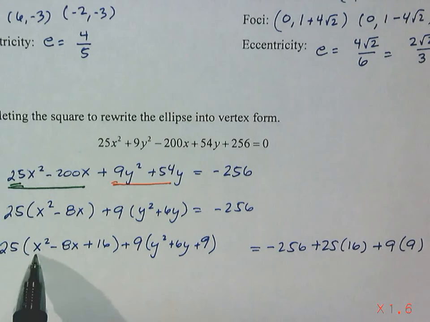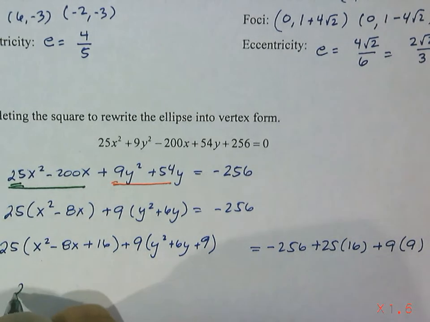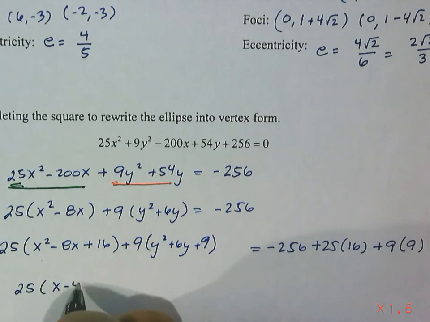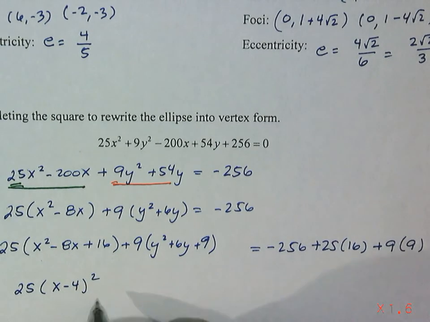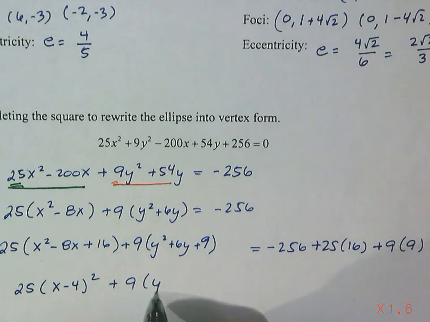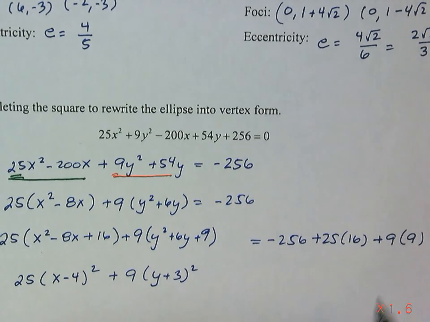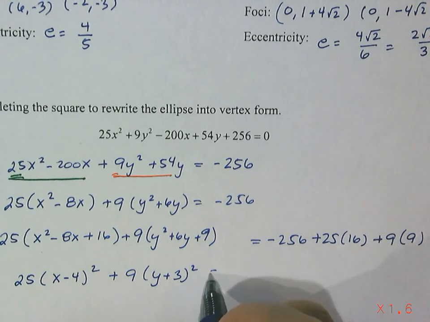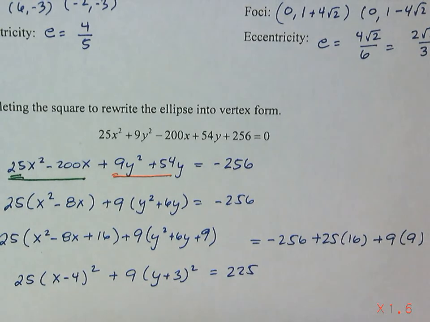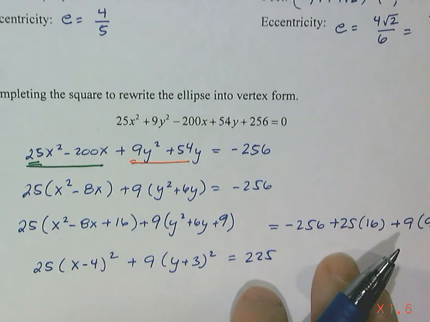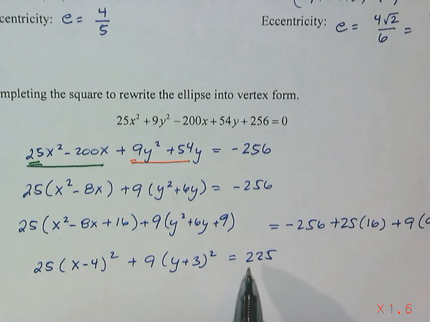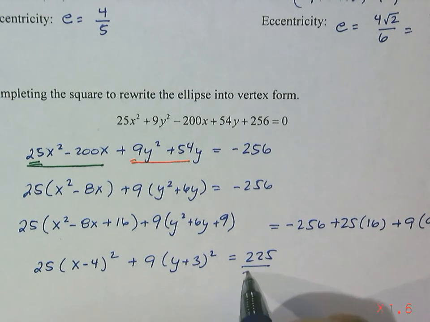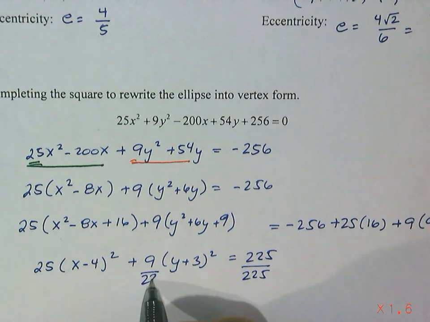Okay, then I can factor this first group. So I have 25 times x minus 4 squared plus 9 times y plus 3 squared. And when I add all of this together, I get 225. I need this to equal 1. To get this to equal 1, I have to divide everything by 225.